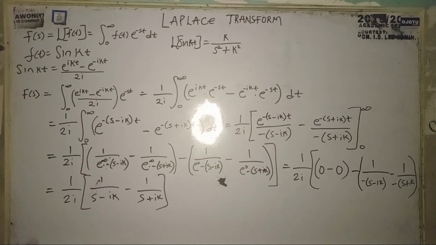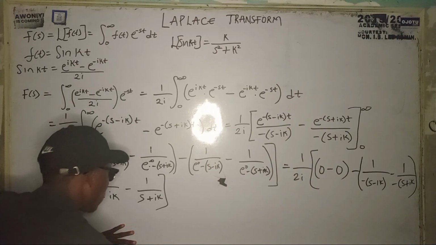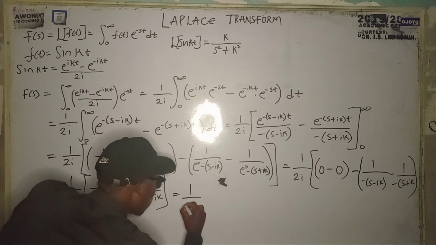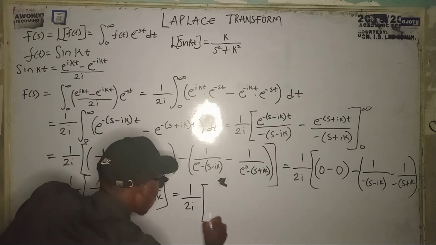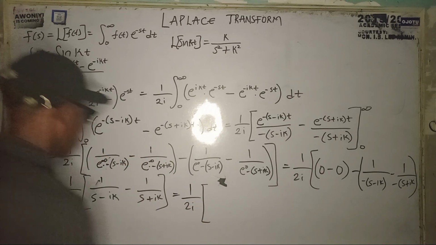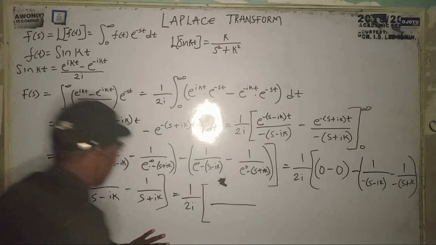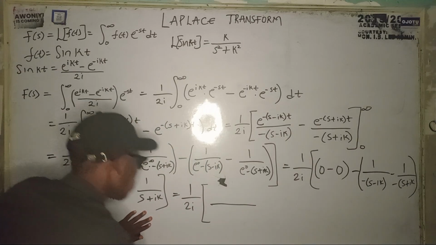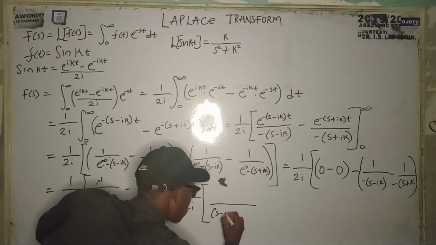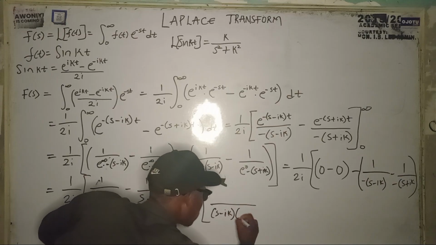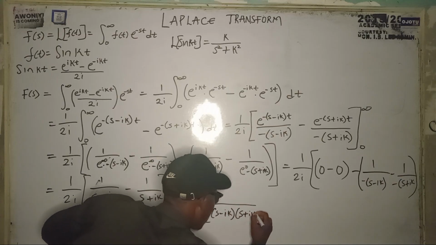So what we just do is simplify this by finding the LCM. We have it as equal to 1 over 2i into brackets. Now the LCM will be the multiplication of the two denominators, which is s minus ik times s plus ik.